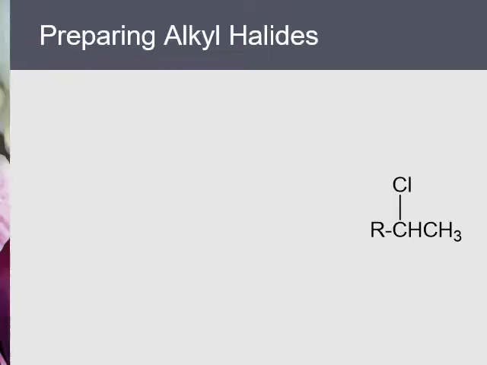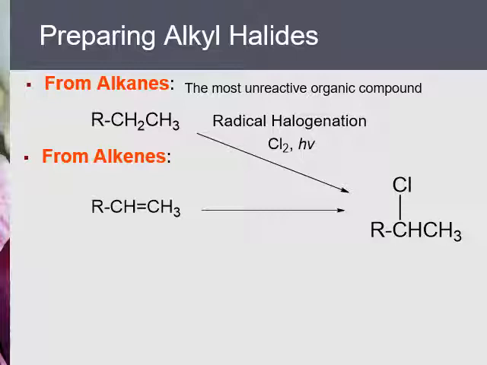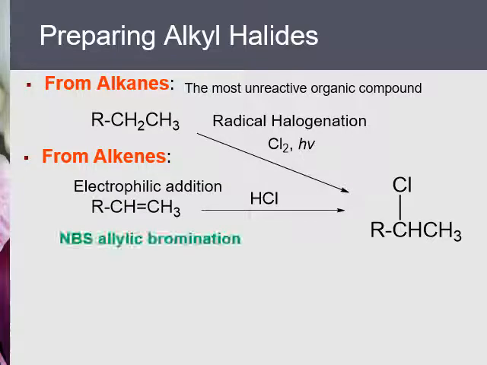In the following, we are going to learn how to prepare alkyl halides. Here's the alkyl halide, and this alkyl halide can be synthesized from alkane undergoing radical halogenation reaction, or it can be synthesized from alkene with a double bond by electrophilic addition or NBS allylic bromination.